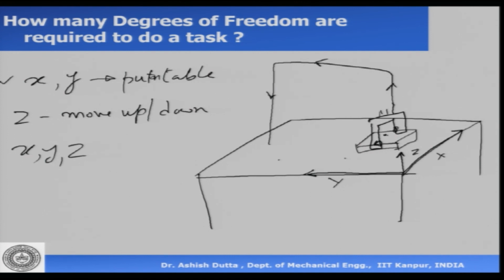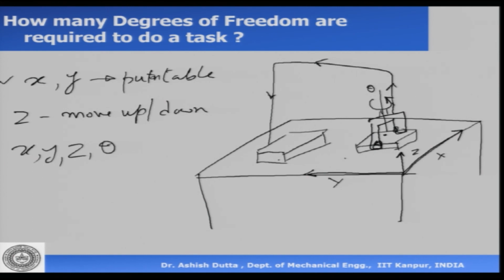The 2 fingers are placed here and here, which means there has to be 1 degree of freedom which can rotate, because if I keep the object in some other orientation, different from this orientation, I should be able to have a degree of freedom about this axis, and hence I need 1 more degree of freedom, which is the variable theta.